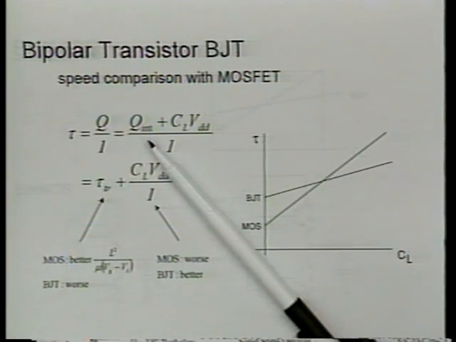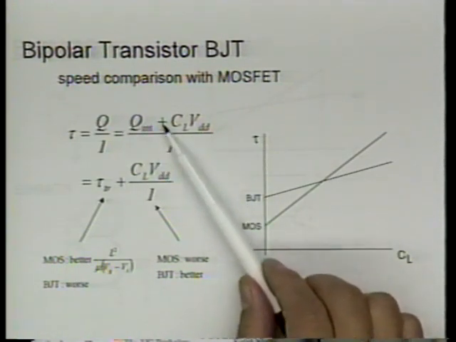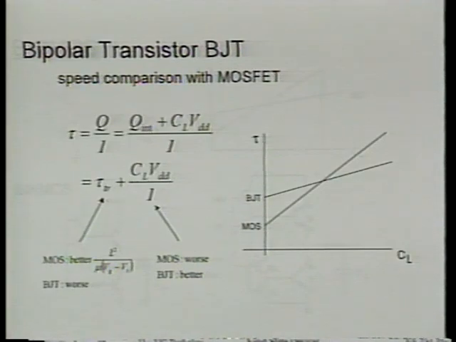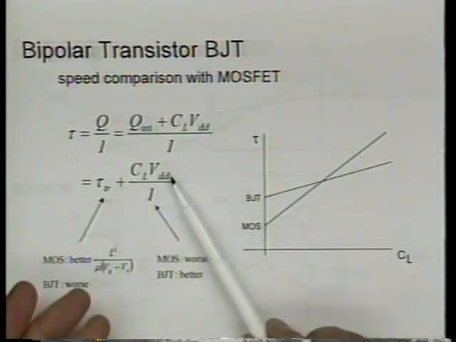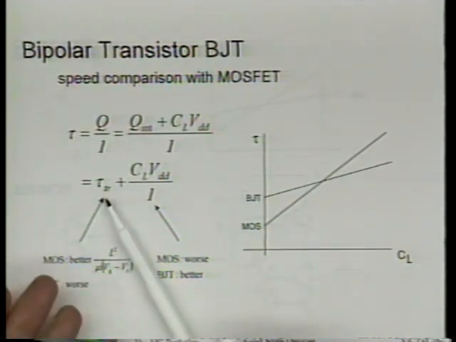All right? But whether you separate it or not, you can then turn this into two terms. The Q intrinsic part over I, you call that transit time. And the load part is still CL VDD over I. Follow what I'm saying? The MOS transistor also has a transit time.